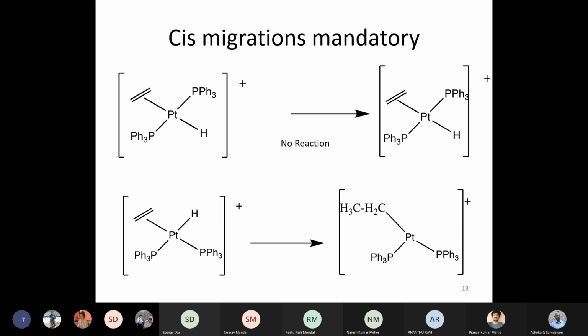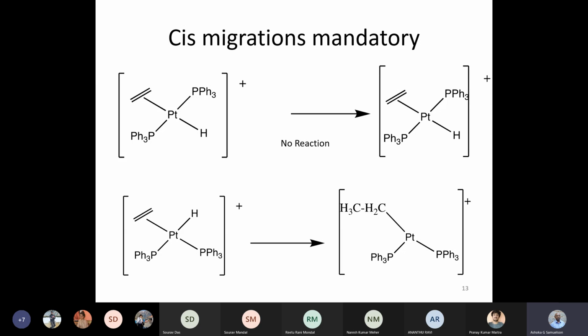Okay. Last time I emphasized the fact that the two groups which have to undergo migratory insertion reactions have to be cis positioned on the metal. This is in fact demonstrated in many other systems also. A classic example would be a platinum square planar complex, which would be fairly stereochemically rigid.